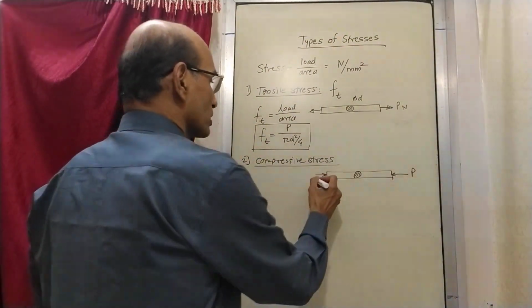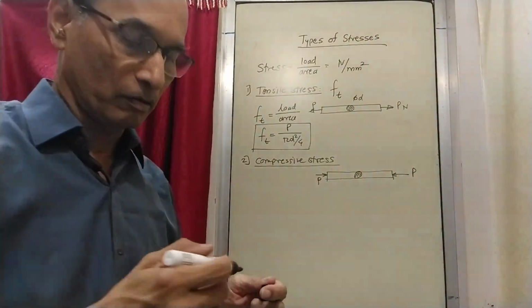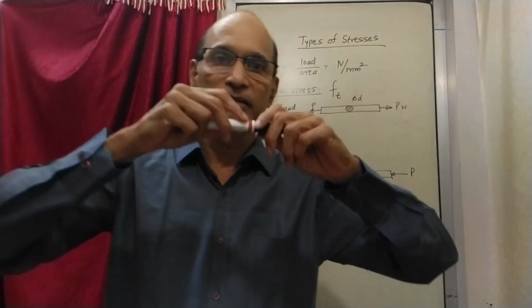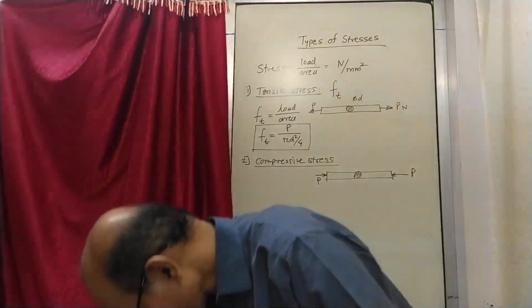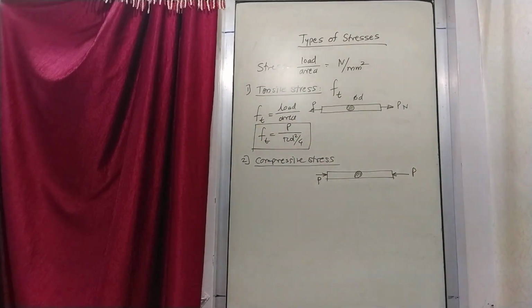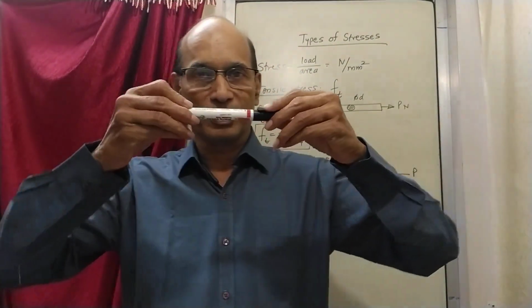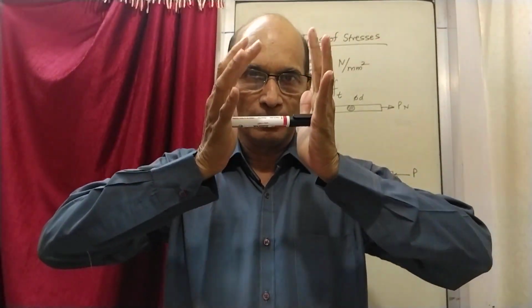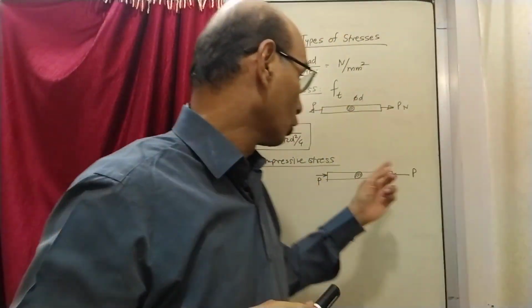That means the loads are acting towards each other. It is like I am taking this pen and applying a load like this in the axial direction. So I am pressing it like this. So the load applied is along the axis towards each other.